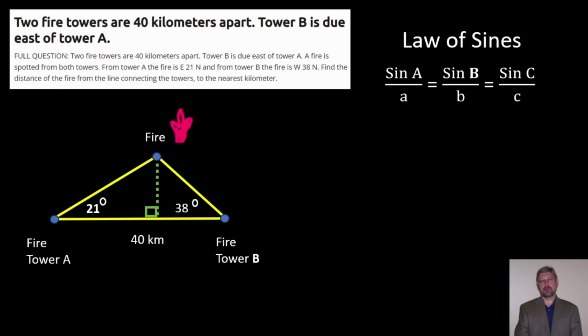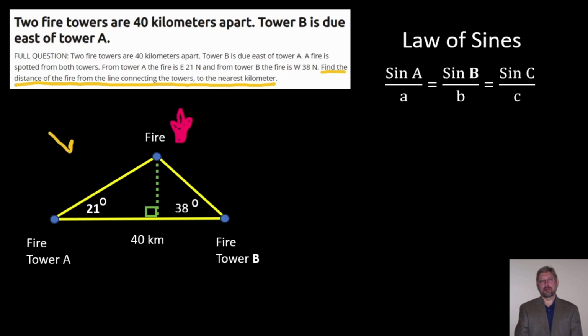Whenever you have a word problem, first thing you want to do is highlight or underline the question. What are you trying to find? So the question part of the problem is find the distance of the fire from the line connecting the towers to the nearest kilometer.